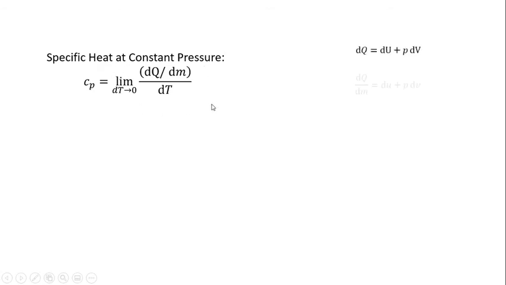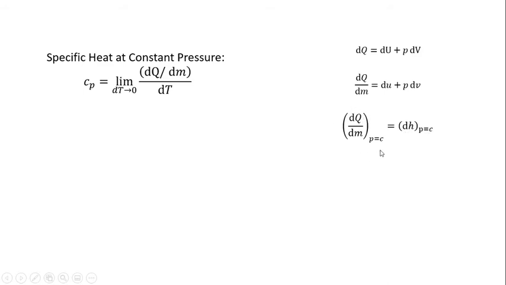From the first law written on a unit mass basis, we find the following. For that, dq by dm when P equals constant is dH at constant pressure.